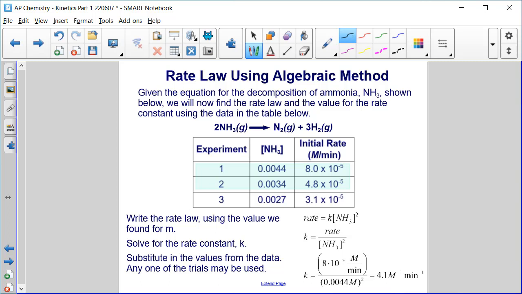On the top of this fraction, I have molarity per minute. On the bottom of the fraction, I have molarity squared. Okay, now if I were to write this also as a fraction, this would be over 1, right? So if I wanted to simplify this, it would be molarity per minute.